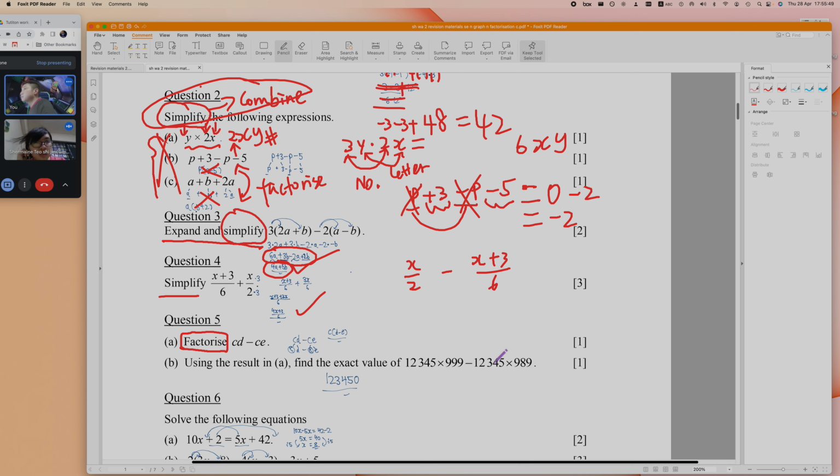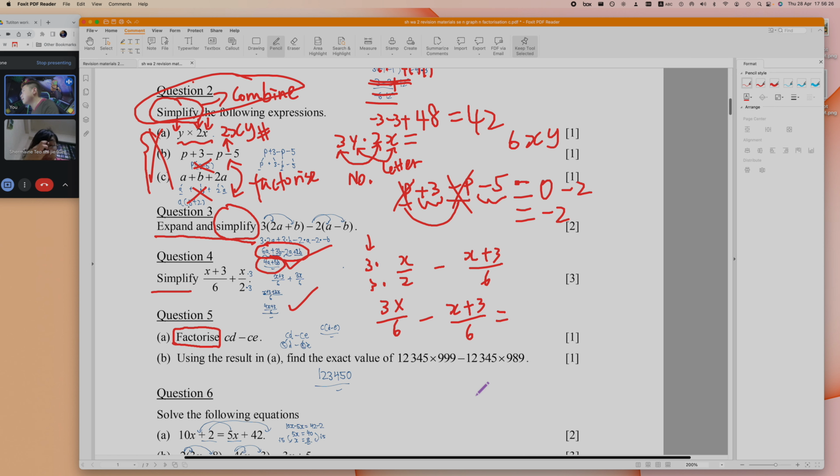Okay, so once you do this, you have 3x over 6 minus x plus 3 over 6. Okay, how do you do this step? The next step is, there is a minus sign here. So how do you do the next step? There's a minus sign here. So what's the next step?